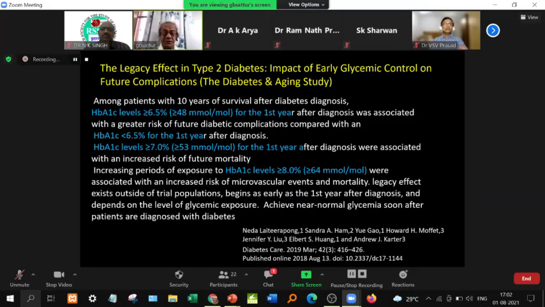This is another study that we can just see. In this also, the patients were followed up for 10 years, and we can see that HbA1c of more than 6.5 for the first year after diagnosis was associated with a greater risk of future diabetic complications, when you compare them to HbA1c of less than 6.5 for the first year of diagnosis.